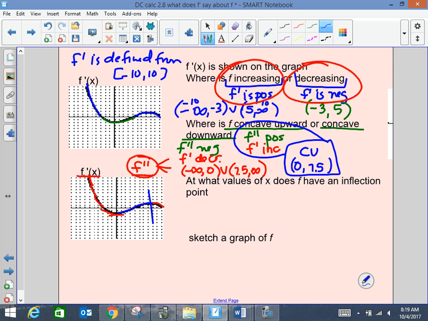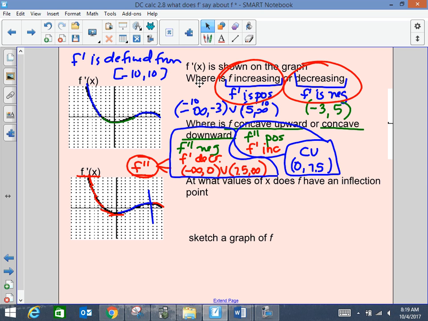Okay, and this is concave down. Okay, so you've got to really focus on increasing, decreasing, or positive or negative. When you're done, I want to go back and show you where I said that in your notes. Any questions before I go back?